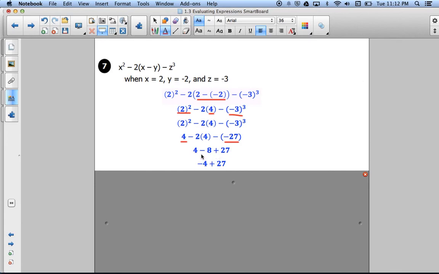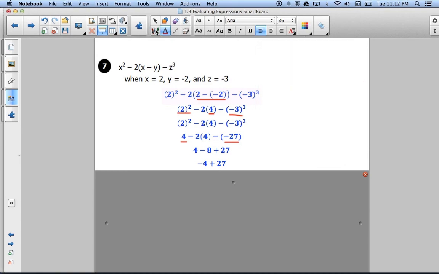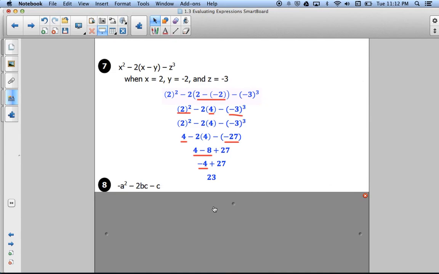So if you have addition and subtraction in the same expression, you'll go left to right. So we'll do the 4 minus 8 first. 4 minus 8 is negative 4. And finally, negative 4 plus 27 is 23.